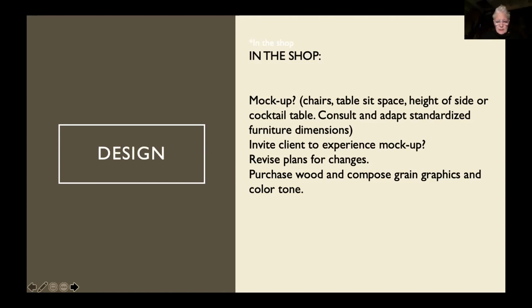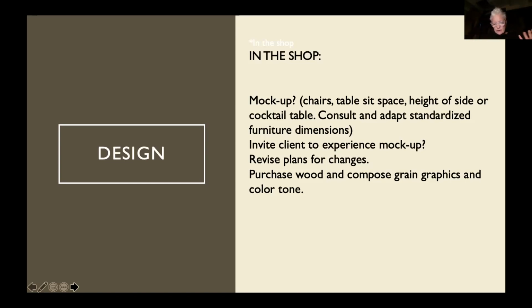Okay. Then it's time to go buy the wood. I spend a lot of time looking at the wood before I buy it because I'm considering the grain graphics and the color tone. If you notice from my work, I use a lot of contrasting woods. I sometimes use 3 different kinds of woods. The grain graphics and the color tone have to be a pleasing composition.